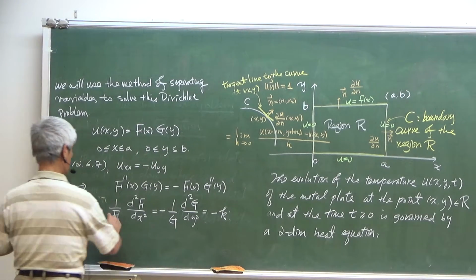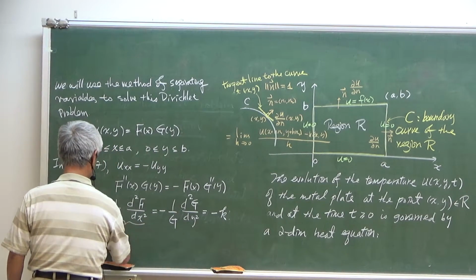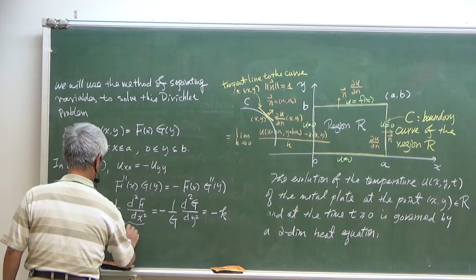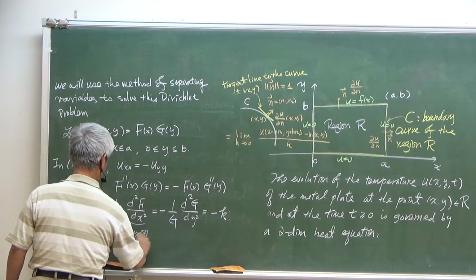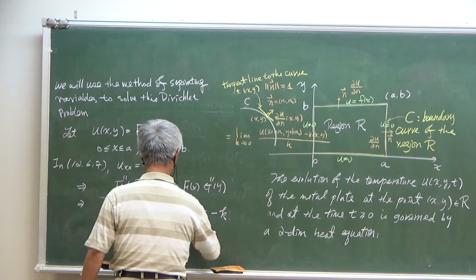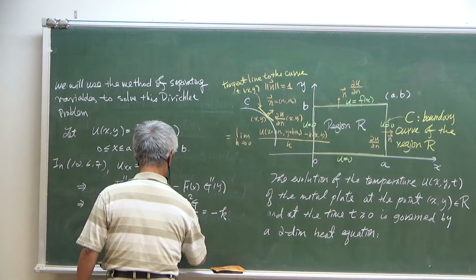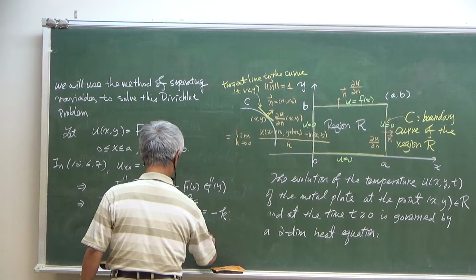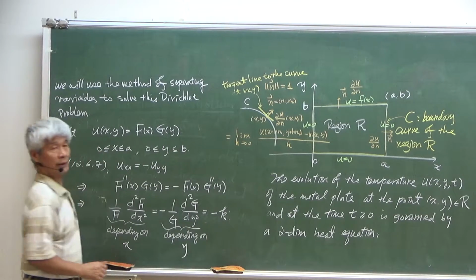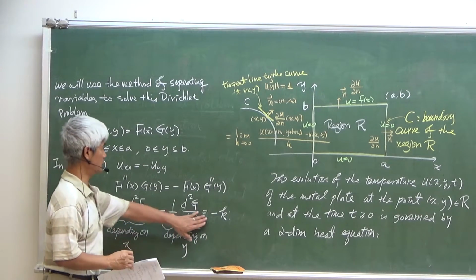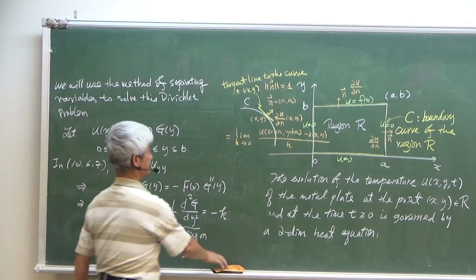Because this depends on x and this depends on y, so we set it to be equal to minus k. Okay?